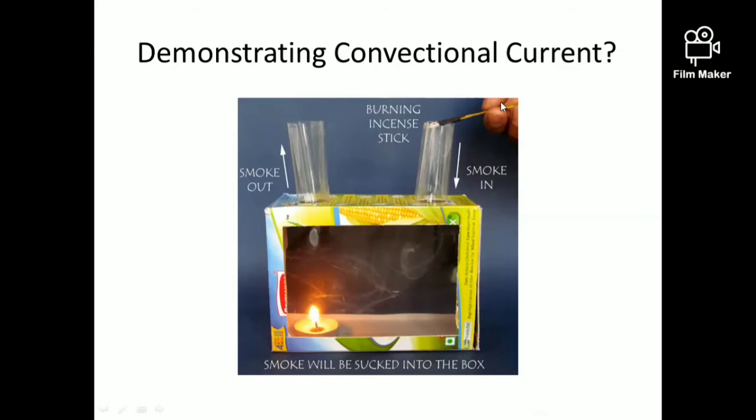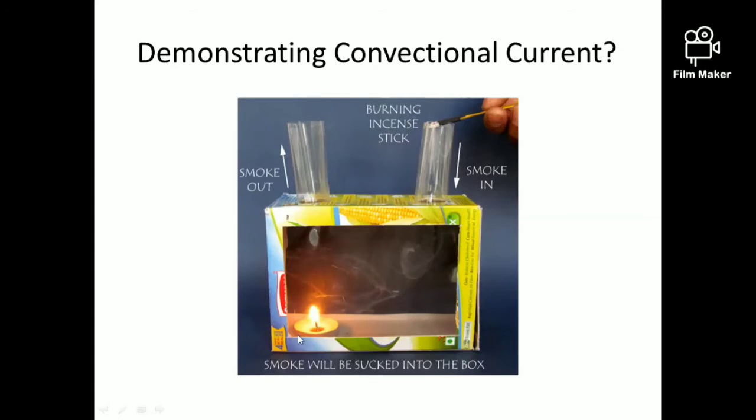If you keep a burning incense stick, usually the smoke should go up. But in this situation, when you light the candle over here, we can see the smoke goes down and it tends to go from this side.